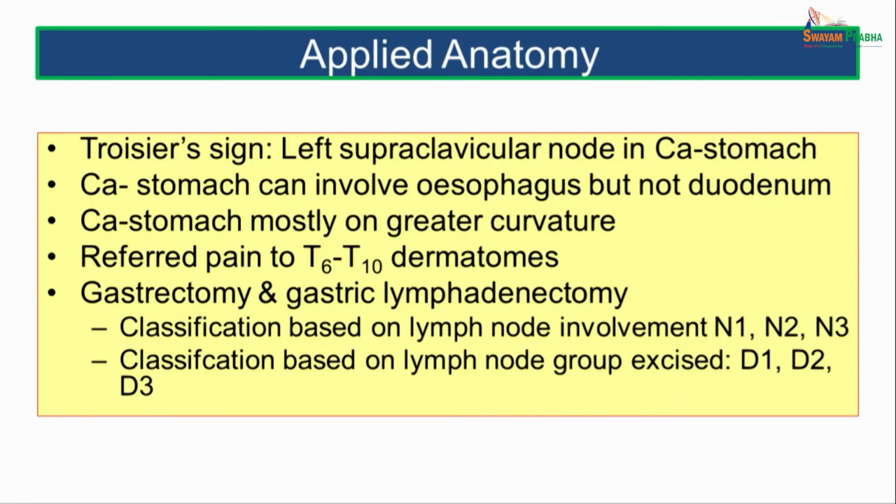In the D2 variety, the entire stomach, total gastrectomy is done along with all the lymph node groups which drain the stomach along with the spleen. Whereas in the D3 type of gastrectomy, the total gastrectomy is done along with a radical lymphatic excision of all the upper abdominal lymph nodes. So, 3 varieties of gastrectomy and gastric lymphadenectomies, D1, D2 and D3, based on the tumor growth and lymphatic infiltration.